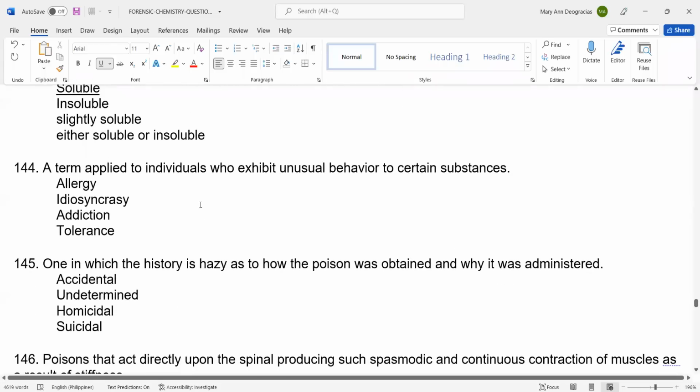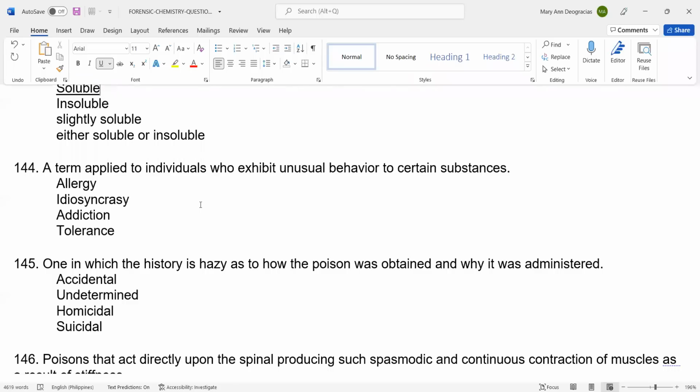Alright, number 144. A term applied to individuals who exhibit unusual behavior to certain substances. Ang example ko dito is pagka uminom ng alak, especially yung mga baguhan na umiinom ng alak, namamantal yung katawan, nagre-red. It causes redness on the skin.